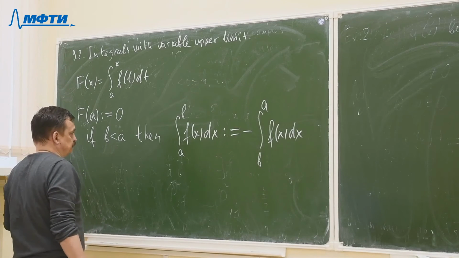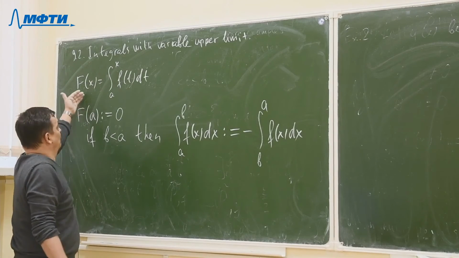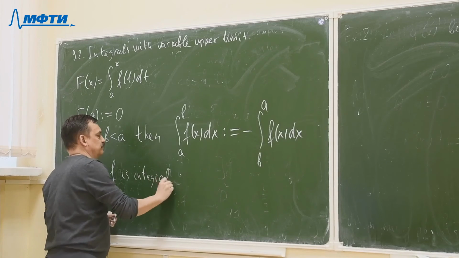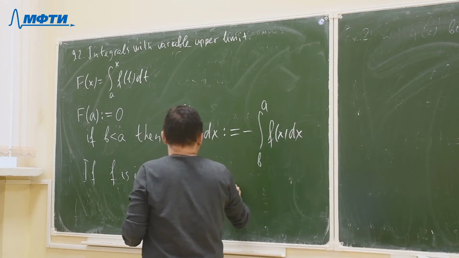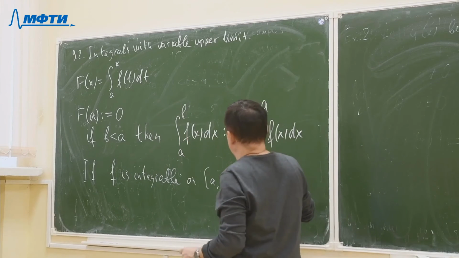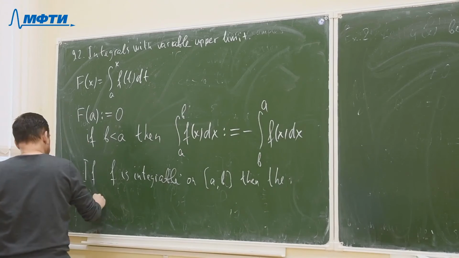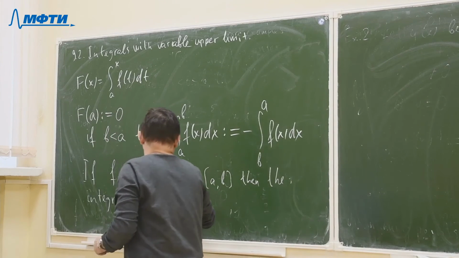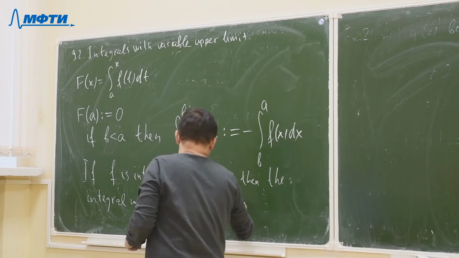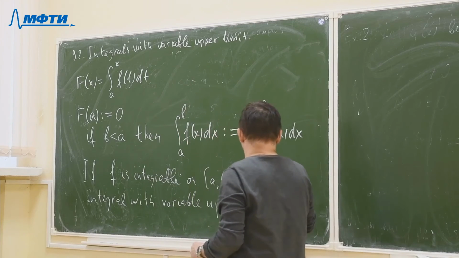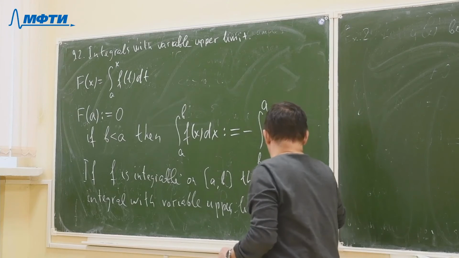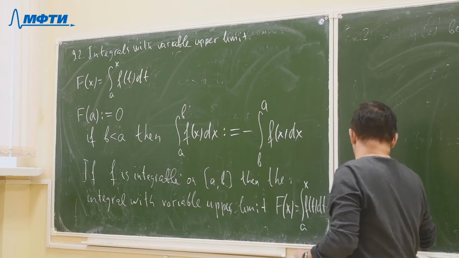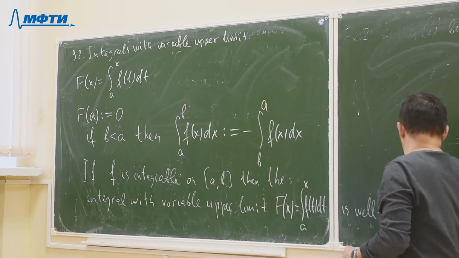So now we have a function. If f is integrable on [a,b], then the integral with variable upper limit, capital F of x equals the integral from a to x of f of t dt, is well defined on the whole interval [a,b].